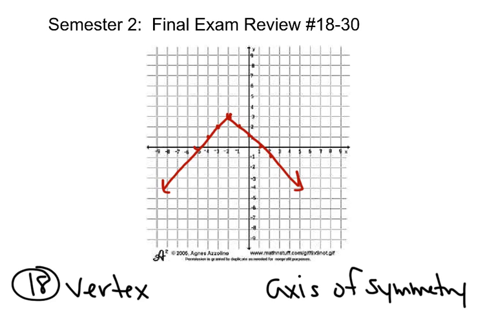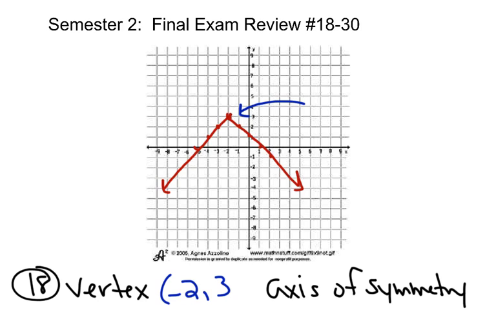In number 18, we want to start by determining the vertex and the equation of the axis of symmetry. Well, it turns out that finding the vertex and axis of symmetry for an absolute value function, which is what a V-shaped graph is, works exactly the same as it did with quadratics. This here is the vertex, so the vertex must be at (-2, 3).